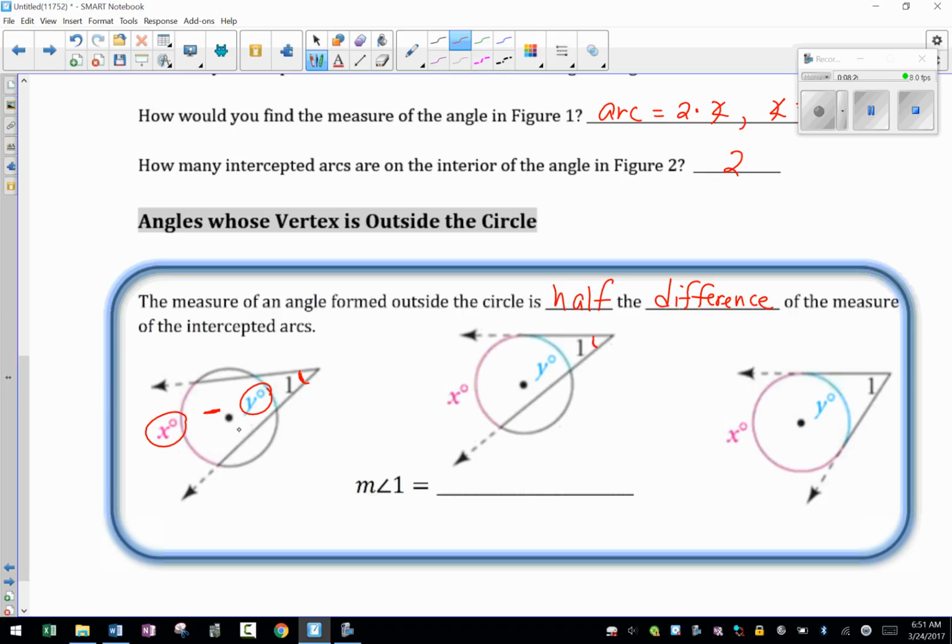This was formed by 2 secants. This is formed by a tangent and a secant, but if you look at it, this mouth is still eating 2 things. So I do x minus y and then divide by 2. And even on this one where it's formed by 2 tangents, I do x minus y divided by 2. Okay?